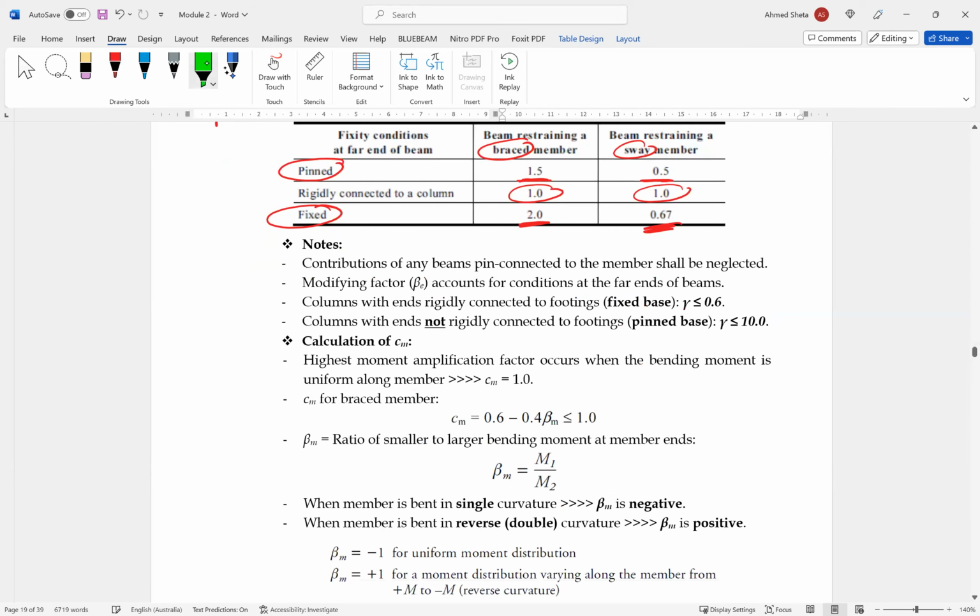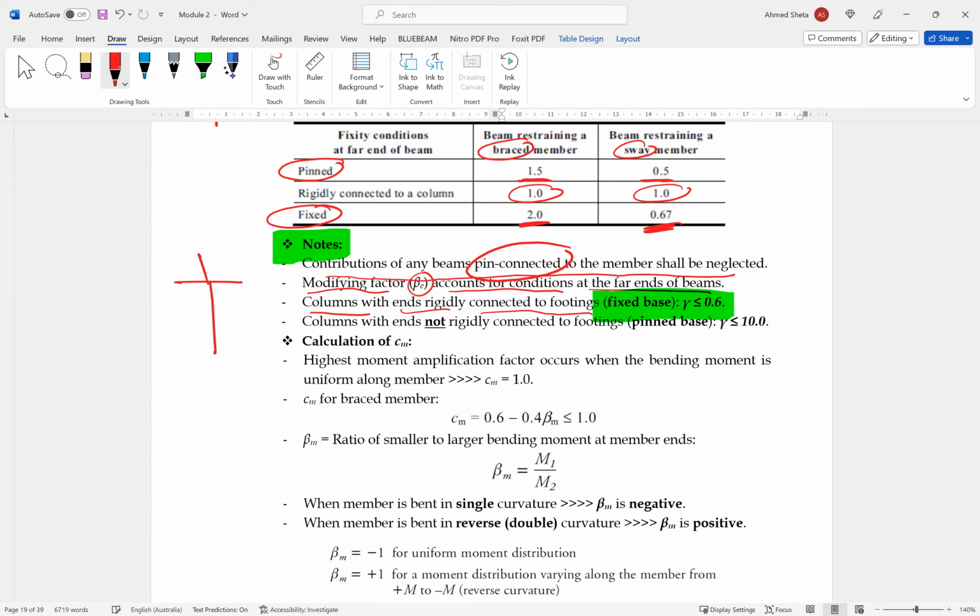Notes: contributions of any beam being connected to the column shall be neglected. Modifying factor beta E accounts for the condition at the far end of the beam. For columns with ends rigidly connected to a footing, a fixed base, gamma is equal to 0.6, because in some cases the column, like gamma 2, ends at the footing or the foundation.